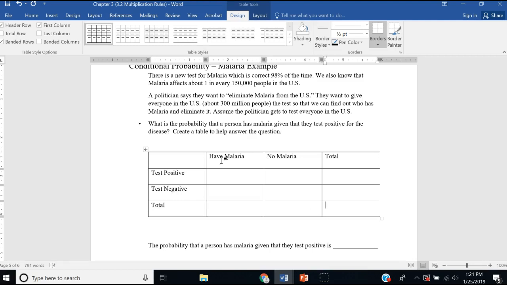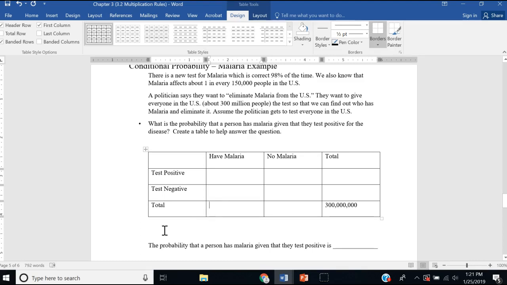Now, how can I fill in the table? Again, I'm going to use a nice round number. Let's assume that there are 300 million people in the United States and we get to test them all. There's actually a few more than 300 million, but we'll round it to 300 million. Now, first step is determining how many people actually have malaria.